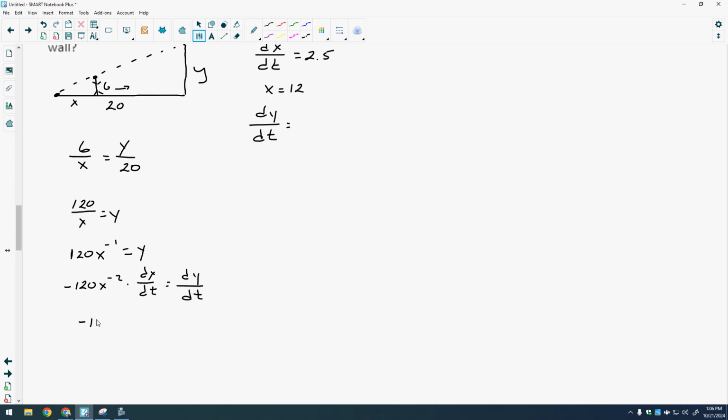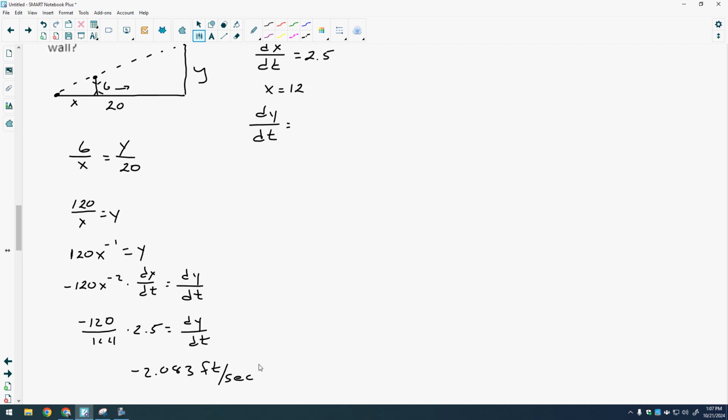So this becomes negative 120 over 144, because that's x squared. Negative puts it on the bottom. dx/dt we said was 2.5. Multiplying that together, I get negative 2.083 feet per second.